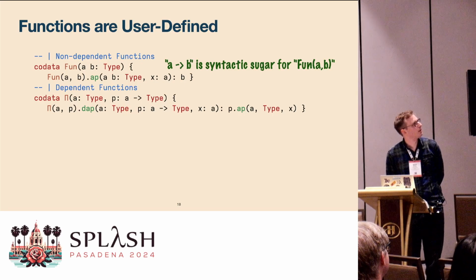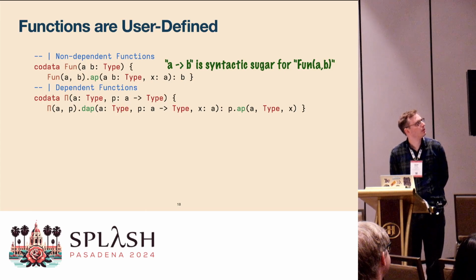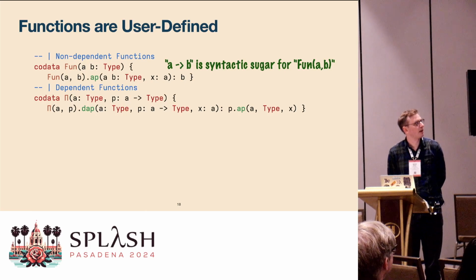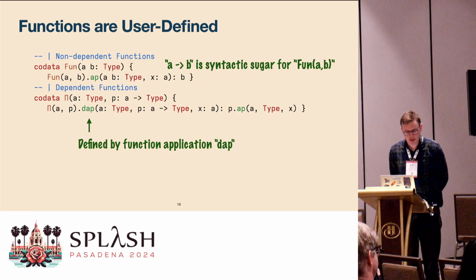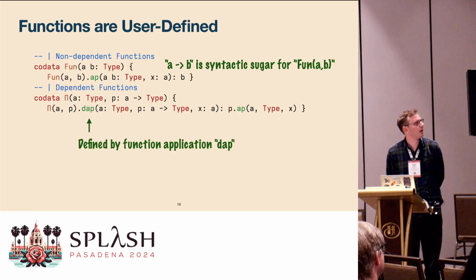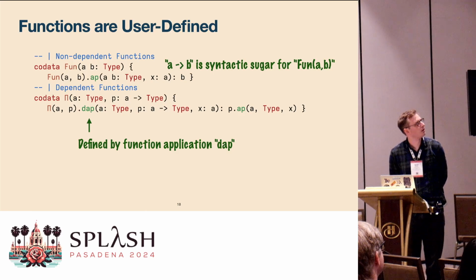And in the second example, you can see the definition of dependent functions. So the p-type here has a base type A and is indexed by a type family, which is a non-dependent function from A to type, the type universe. And dependent functions are also defined by dependent function application, here called dup.